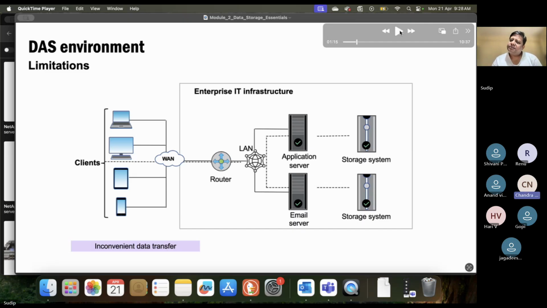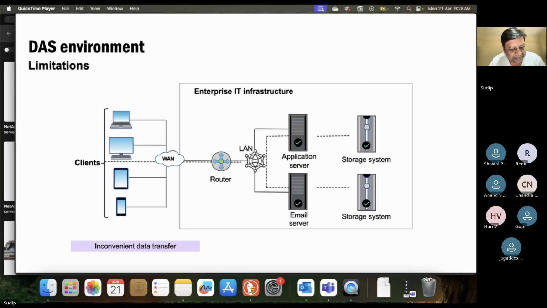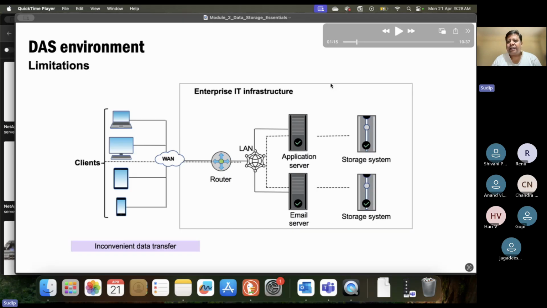It's directly connected, right? If many people access the data, there might be some synchronous delay. Yes, you are absolutely right. Very good. Your name? Chandra Prakash. Very good, Chandra Prakash. Yes, you are very right.